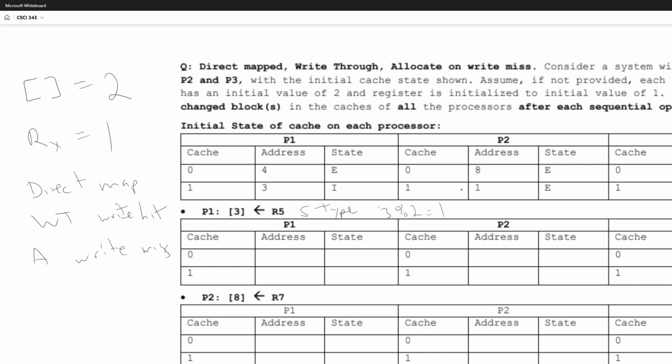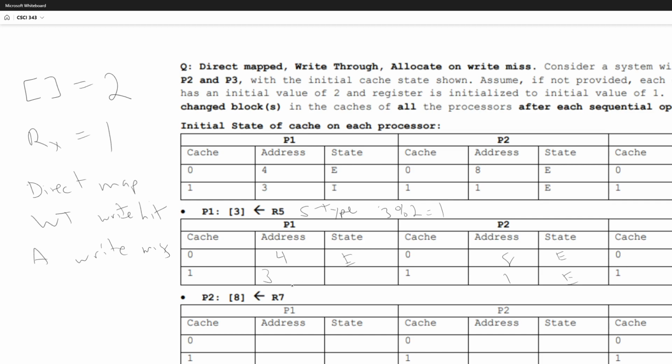Then we check if anyone else has address 3 in their cache. And processor 3 has it. So this one got touched. I think we're in A1. Okay, so this has 3. It's exclusive right now, but because of snooping, it will share it with processor 1.